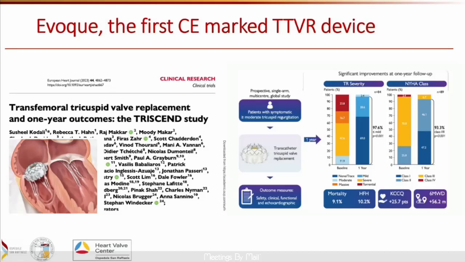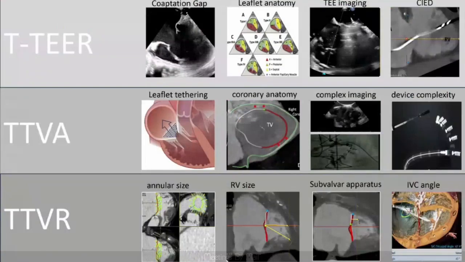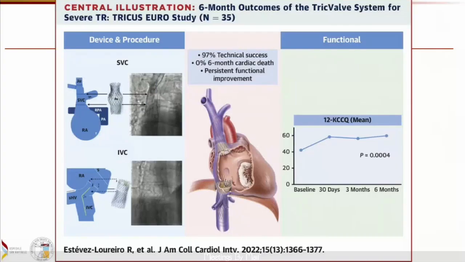What is the future of this? We don't know. And obviously, the need for long-term anticoagulation is another problem. There are many other technologies with many limitations. Unfortunately, at the moment, there are no CE mark devices for annuloplasty, which I believe still should be the number 1 solution for these patients.